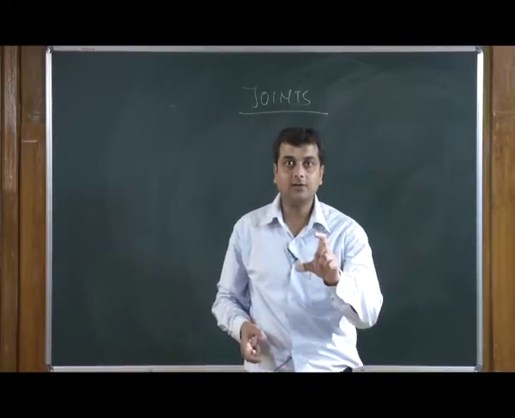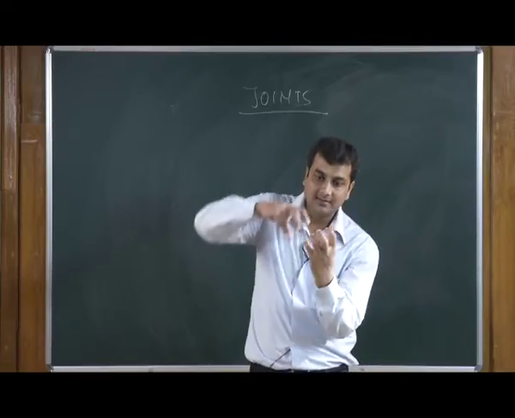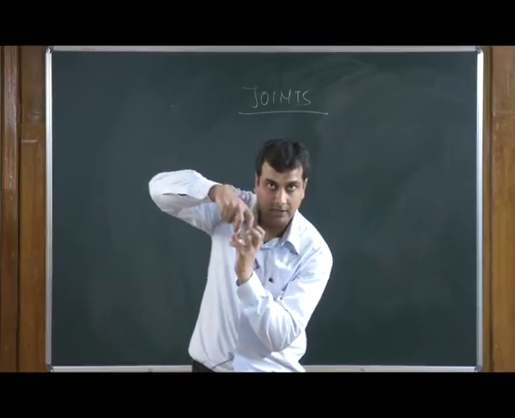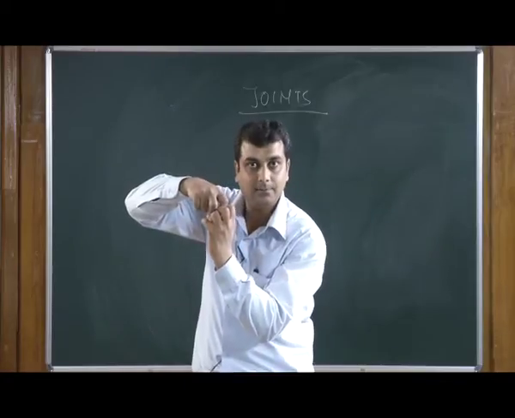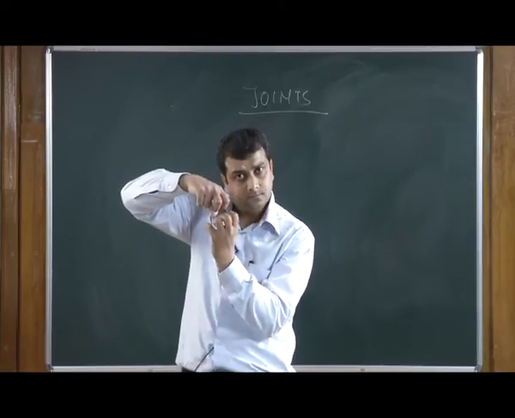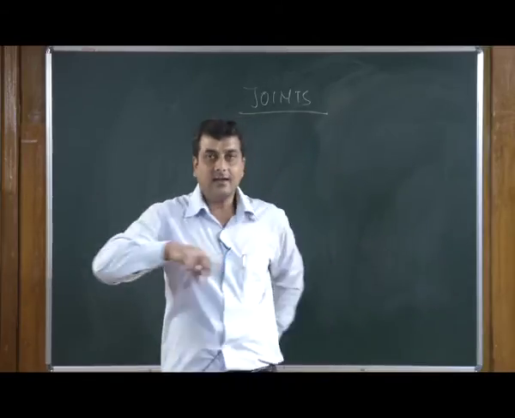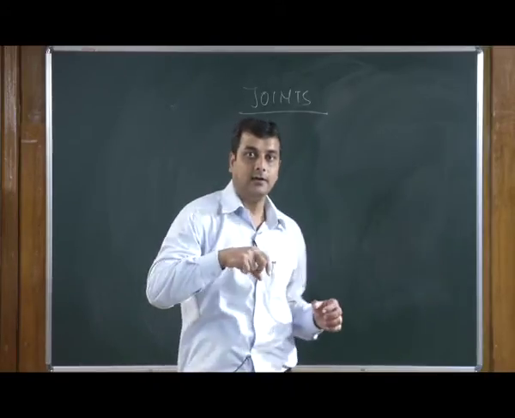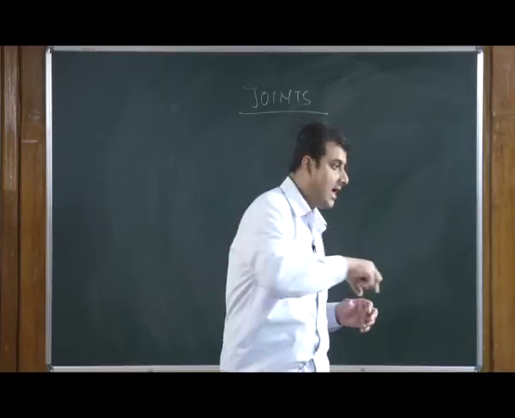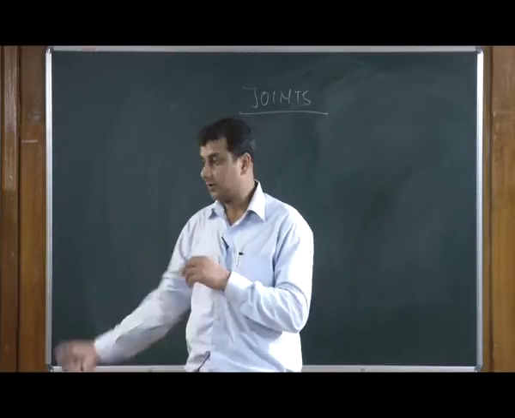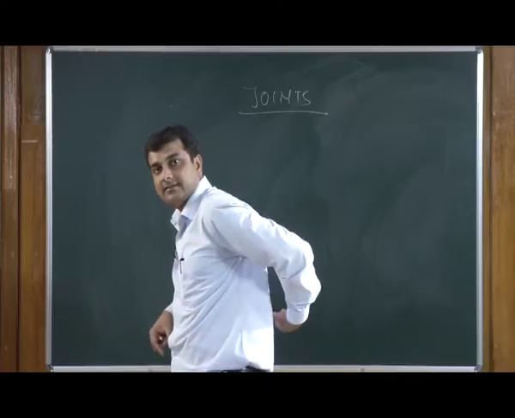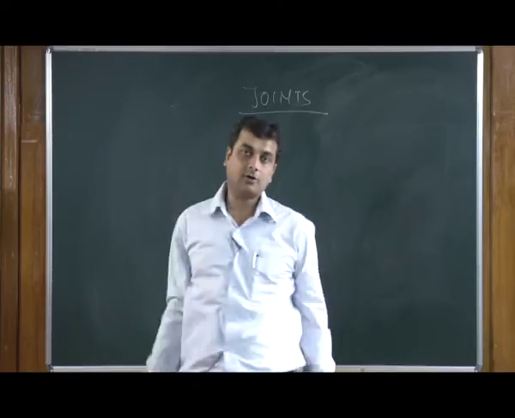Similarly, the next example is our vertebral column. We saw that the vertebral column has some sort of cartilage in between, which is a kind of cementing material. These joints also have some flexibility. Not much, but we have a slight flexibility in our vertebral column also.